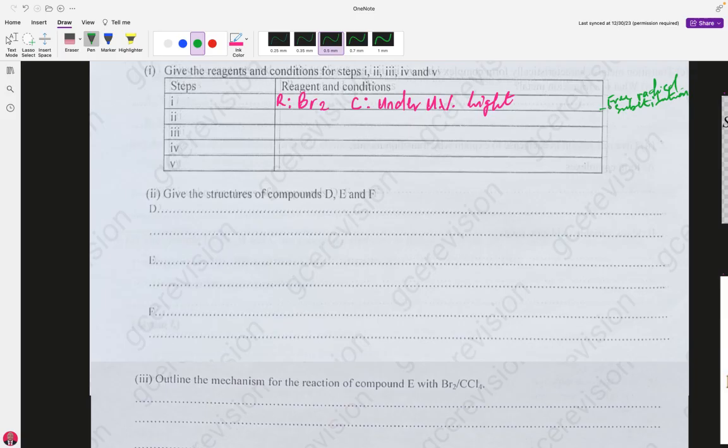So we have the reagent as the bromine molecule and the condition as under UV light.